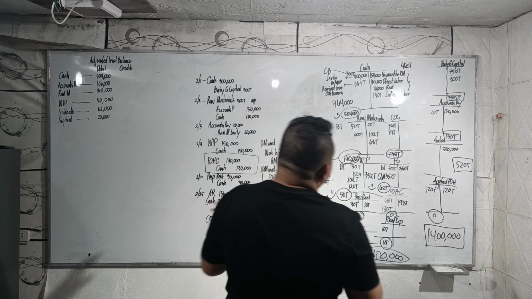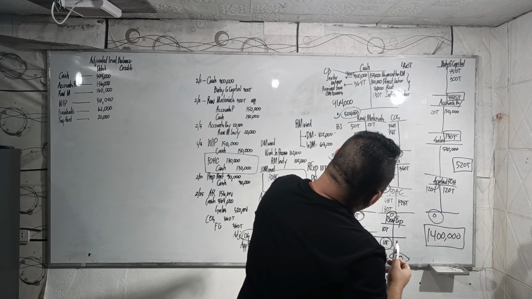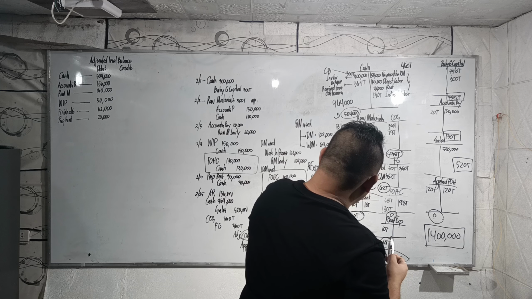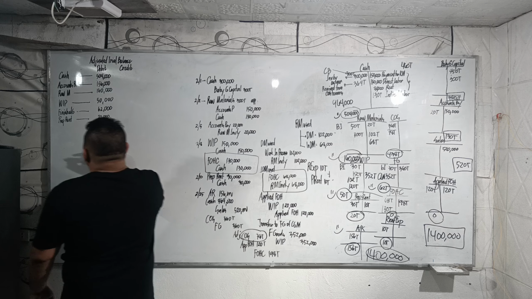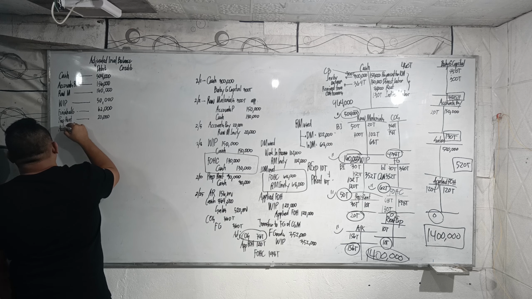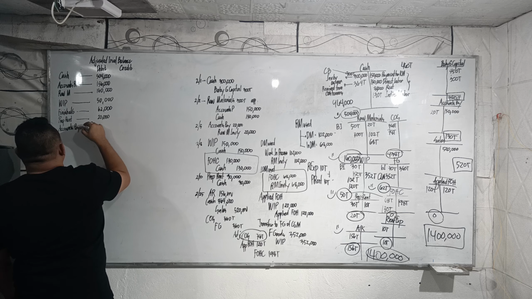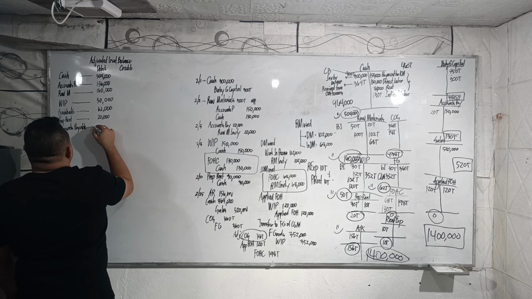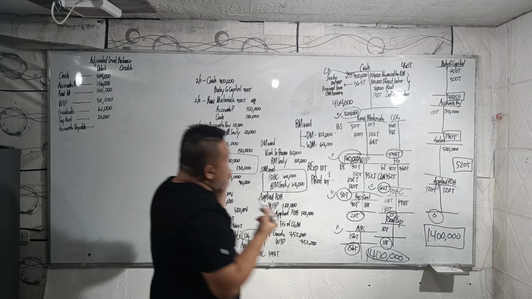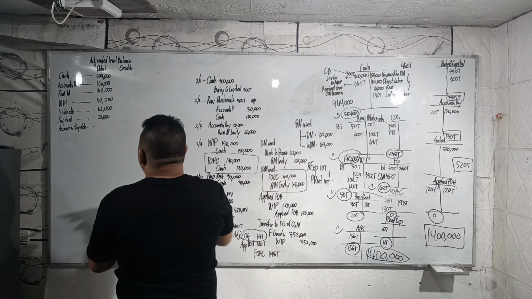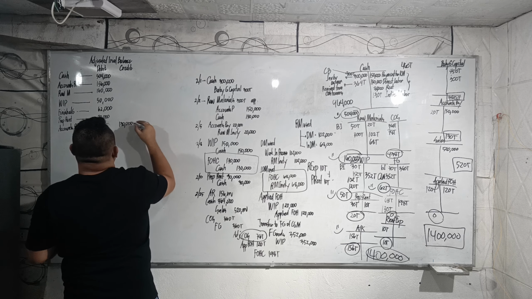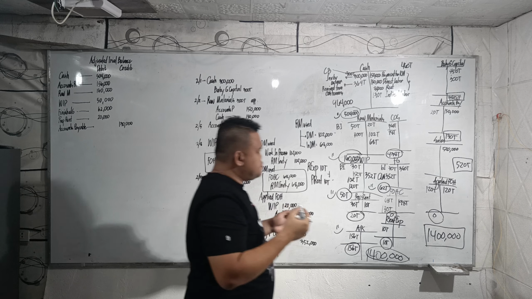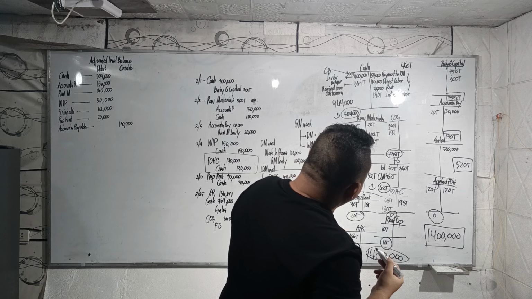Let's go to the liabilities. If we have one, we have accounts payable. Yeah, we have accounts payable. On the accounts payable, the balance is 130,000. Okay.